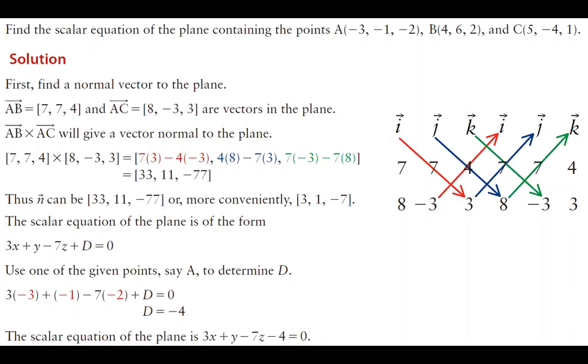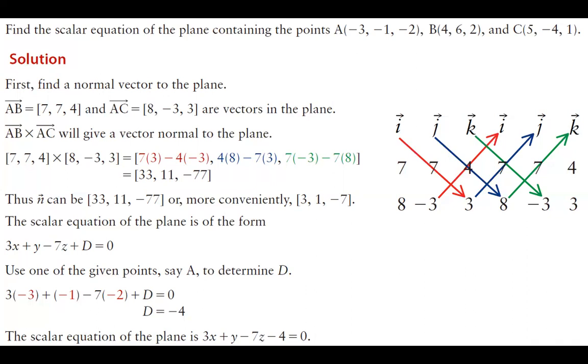So first we can find the cross product between (7, 7, 4) and (8, -3, 3). You can use the method shown on the right to find this cross product. And the resultant vector is (33, 11, -77).